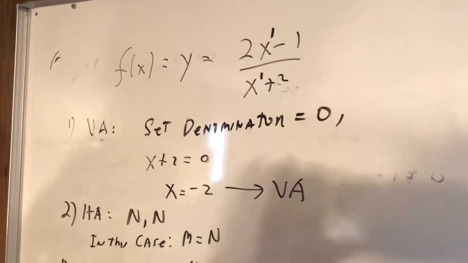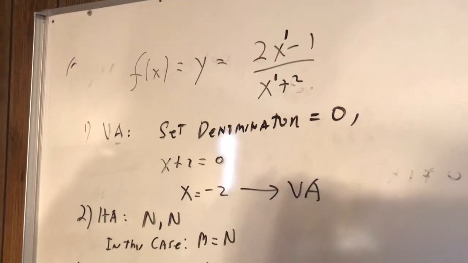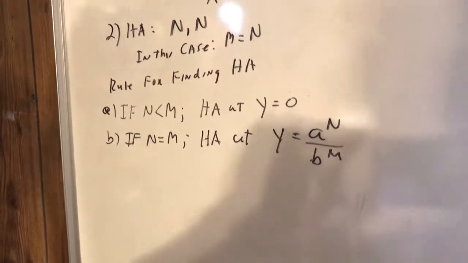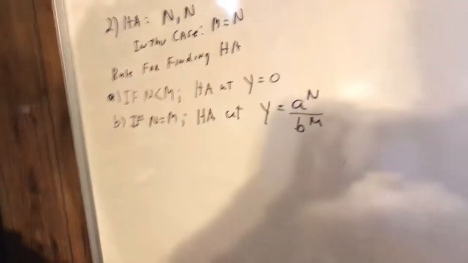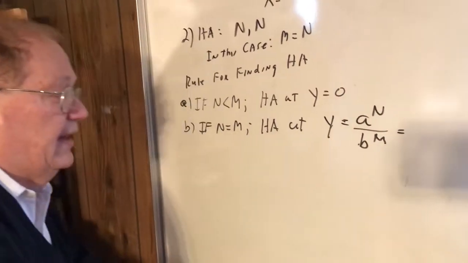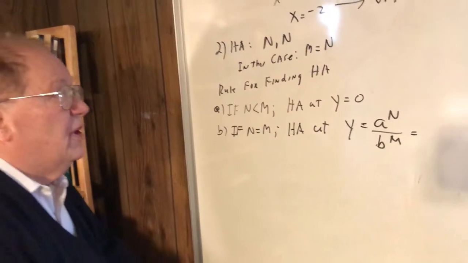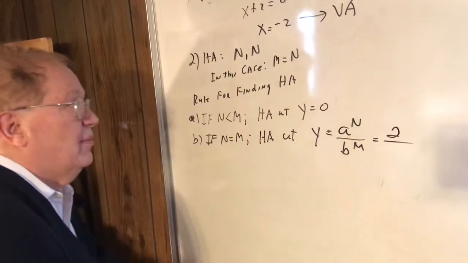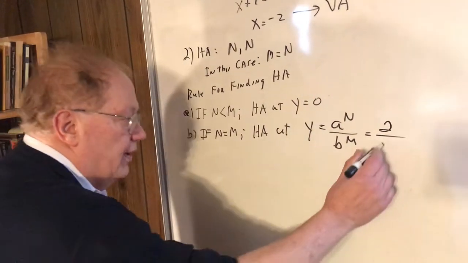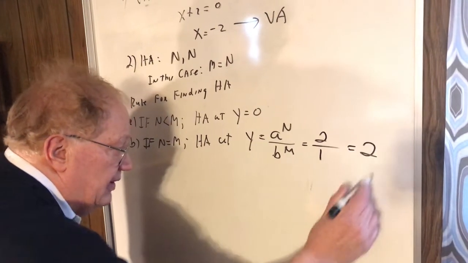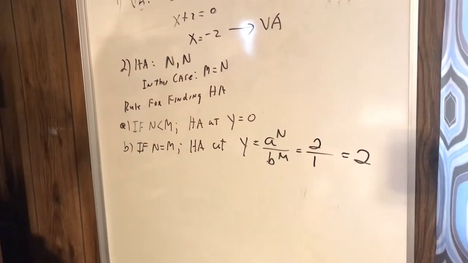B to the m was the coefficient of the first variable in the denominator. So here, a to the n is going to be equal to 2, and b to the m is going to equal 1. So we have a horizontal asymptote at y equals 2 in this case.